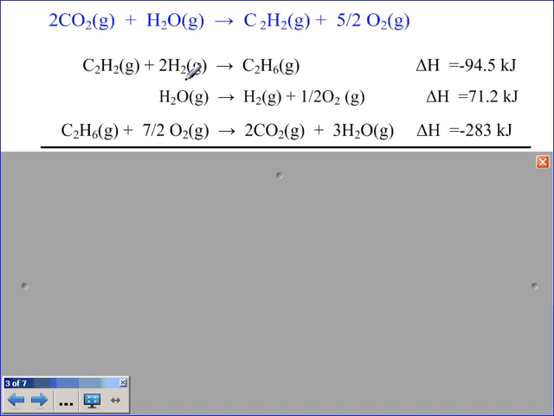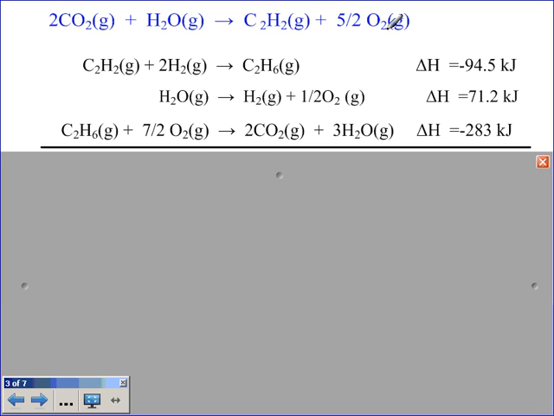And I do. Here it is on the left side. It's also over here on the right side. I need to have C2H2 on the right side. Here it is on the left side, so equation 1 gets flipped. So far I've determined that we're going to have to flip equation number 3, and now we have to flip equation number 1.